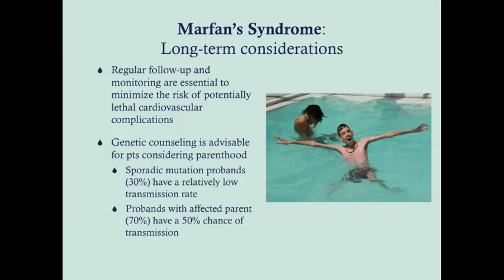And remember that 70% of Marfan's cases are familial. So either they have an affected parent or they have affected family members. If they have a sporadic Marfan syndrome, that tends to have a lower transmission rate. So I'm not exactly sure what the numbers are, but it's lower than 50%.